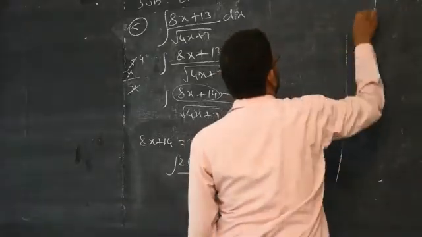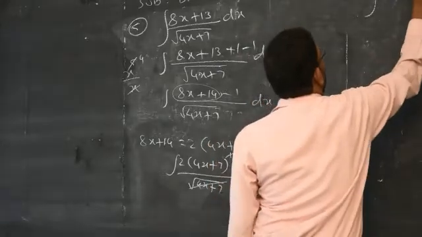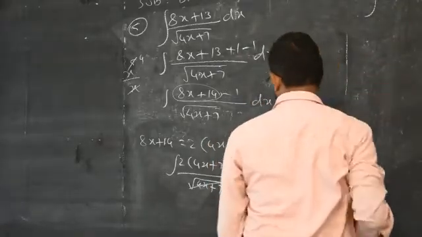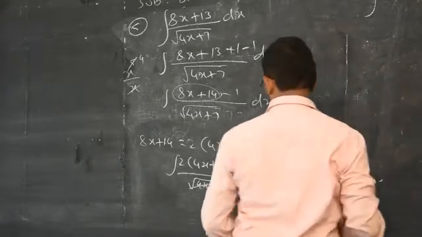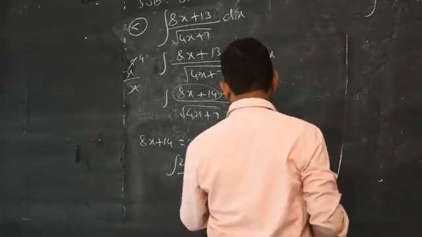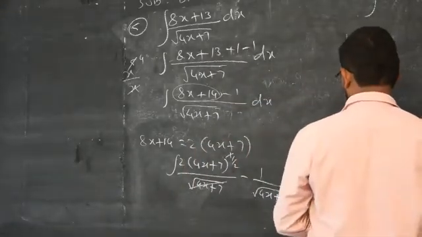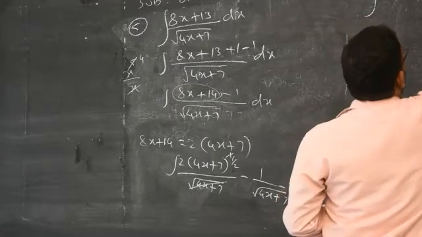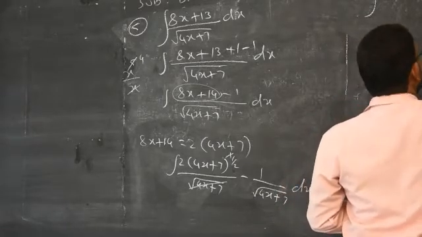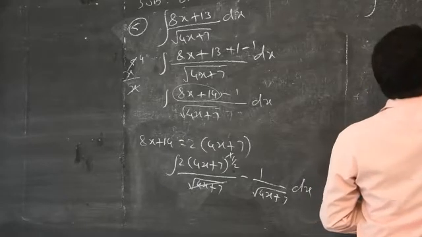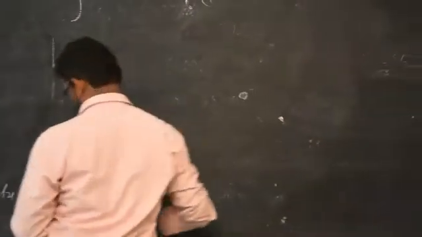So integration 2 inside the bracket 4x plus 7 power 1 by 2, because it will get cancelled. 1 minus half is half, minus 4x plus 7 power 1 by 2 into dx.